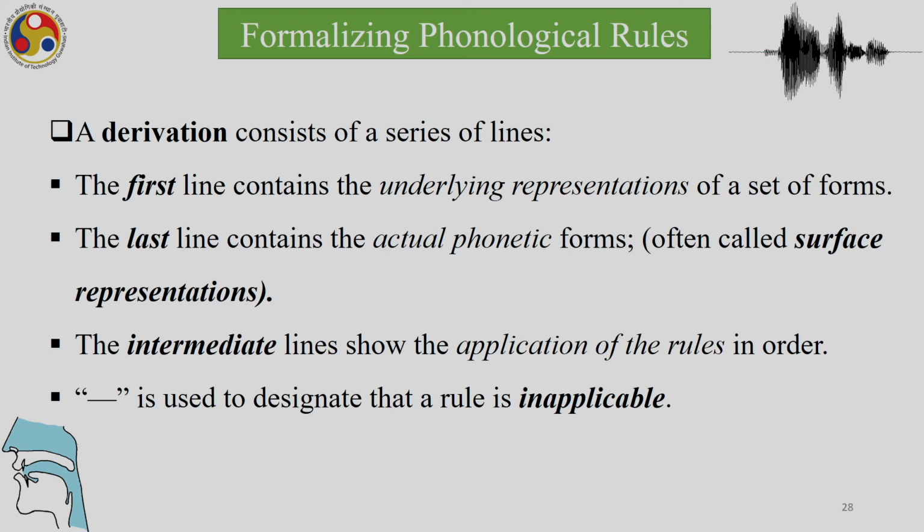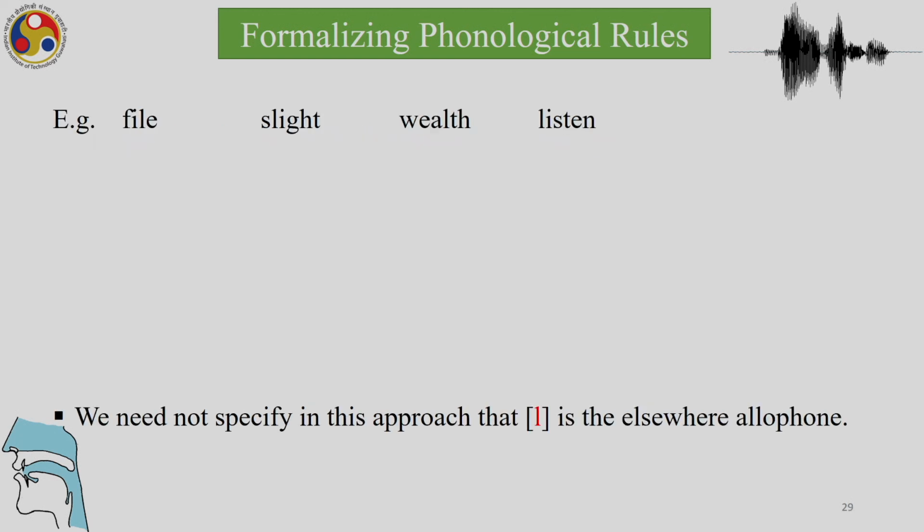The first line contains the underlying representations of a set of forms, and the last line contains the actual phonetic forms, often called surface representations. And the intermediate lines show the application of the rules in this order, and a dash is used to designate that a rule is inapplicable. Now, let us take a look at a proper derivation of a data set that we have seen before.